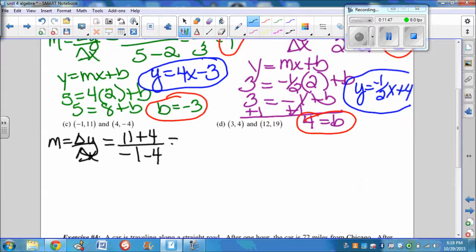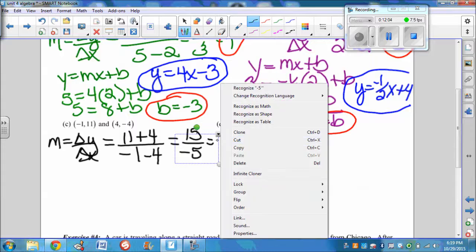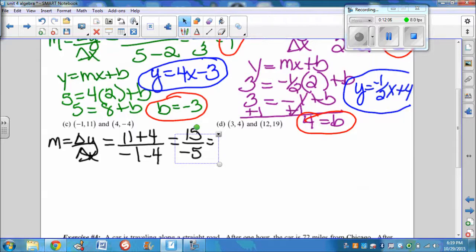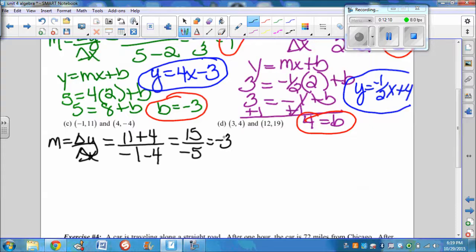Notice I changed the order, but it doesn't matter. I stayed consistent. I went from the first point to the second point for the y's, and then the first point to the second point for the x's. Still going to get me that same answer. 15 over negative 5, which simplifies to negative 3, is my slope, my first parameter.